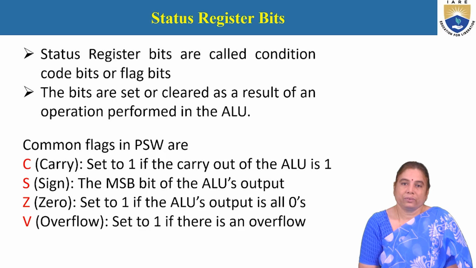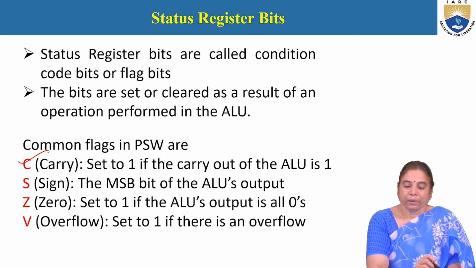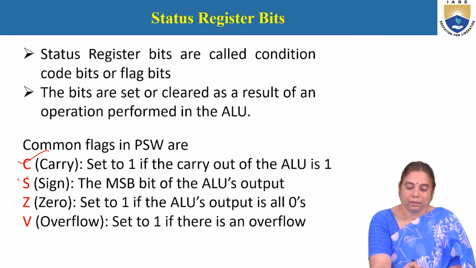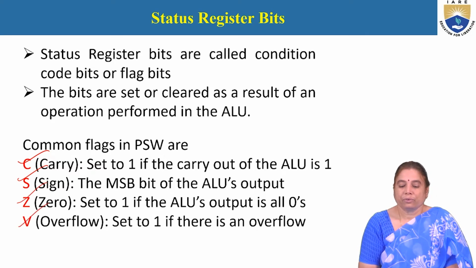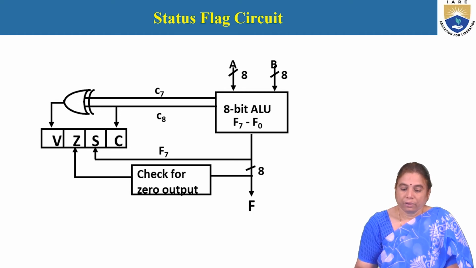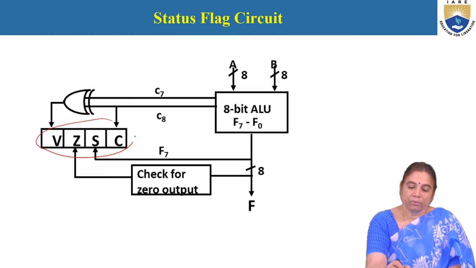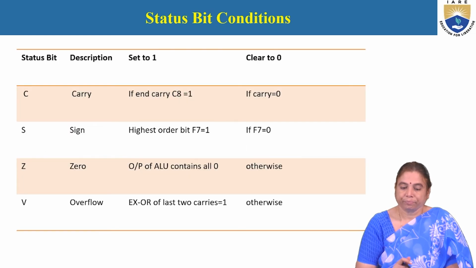What are the status register bits? 4 bits are generally used. They are C for carry, S for sign, Z for zero, V for overflow. These bits can be stored in the PSW register and can be set according to the different data manipulation, processing and program control instructions. So this is the program status word and these are the status flag flip-flops.